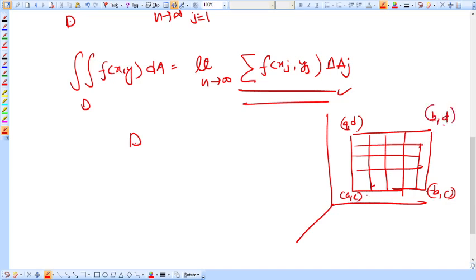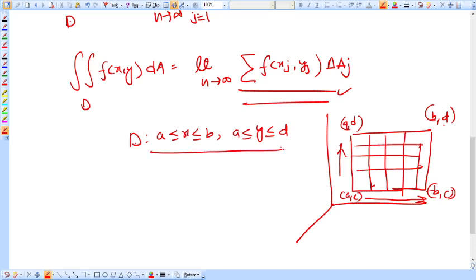Here x is varying from a to b and y is varying from c to d. So this region can be written as D such that a is less than or equal to x less than or equal to b, and c is less than or equal to y less than or equal to d. So this is the region here.